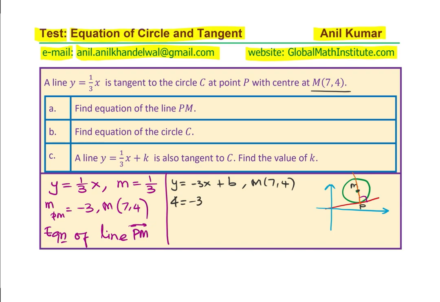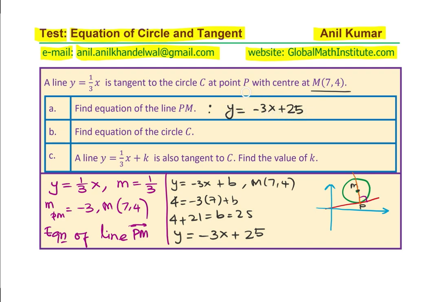So 4 equals minus 3 times 7 plus b, and bringing it to this side, we get 4 plus 21 equals b, which is 25. And therefore, we get the equation as y equals minus 3x plus 25. Is that clear to you? So we got the solution of the first part, which is y equals minus 3x plus 25. I hope you find that simple. You must have got the same answer, right?